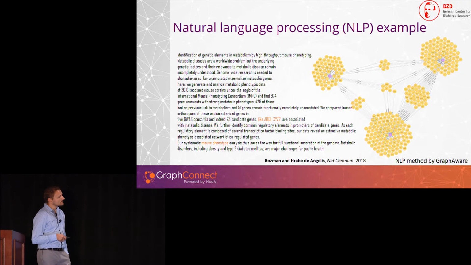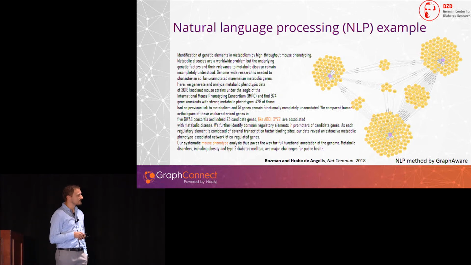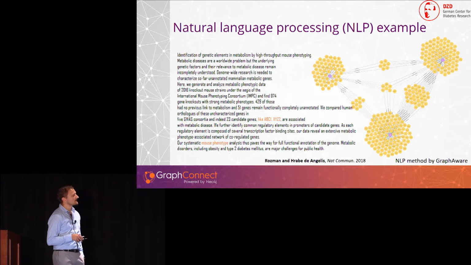And in the end, we want to do that for many, many texts and see what the connections between the texts are. So every purple node here is a text that is analyzed by a natural language processing procedure, by GraphAware, and then we see the overlap between different research texts.